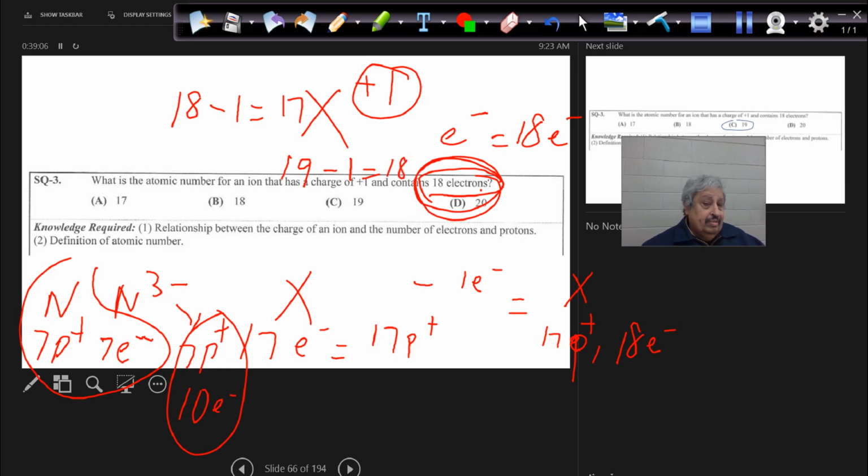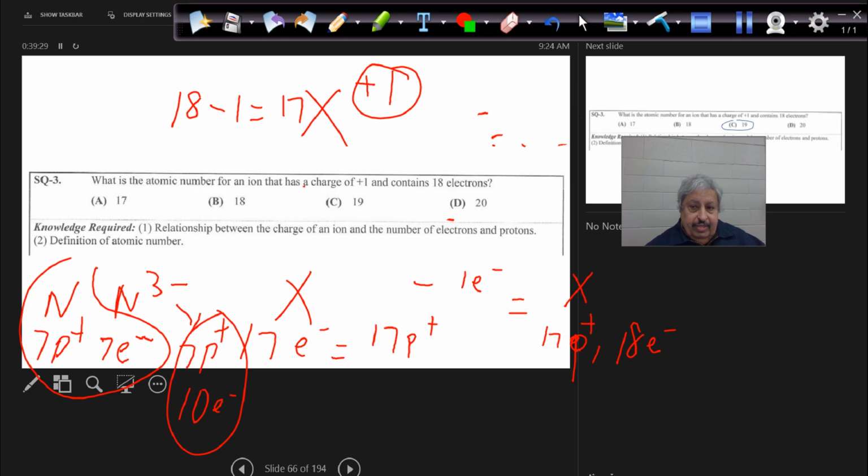Make sense? Are you following what I did with nitrogen? Nitrogen with 3 minus will have 10.